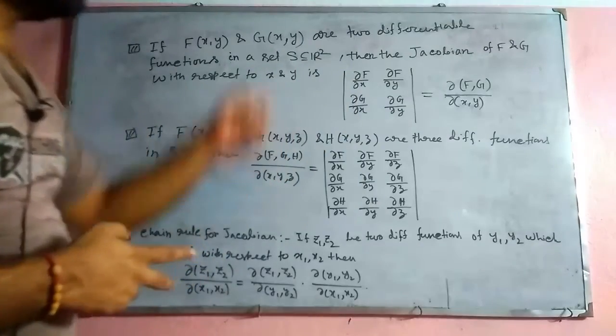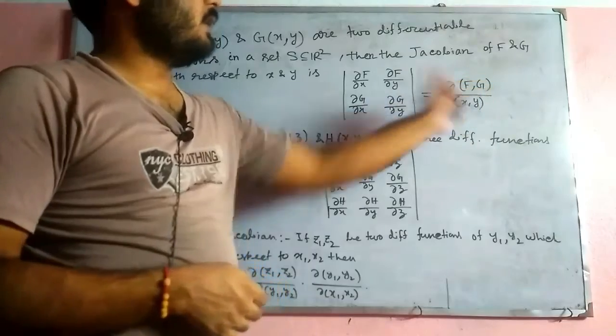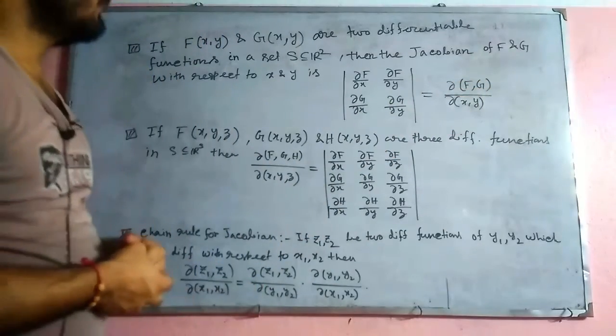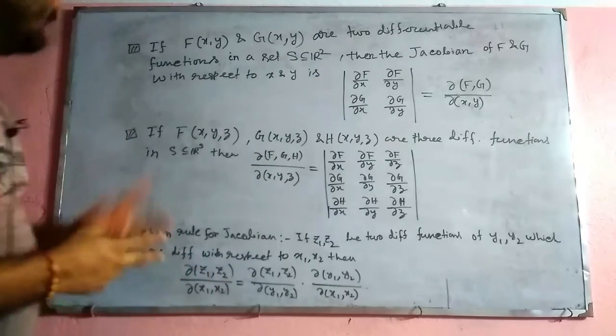This is denoted by del of f comma g by del of x comma y. These are partial derivatives, you know.